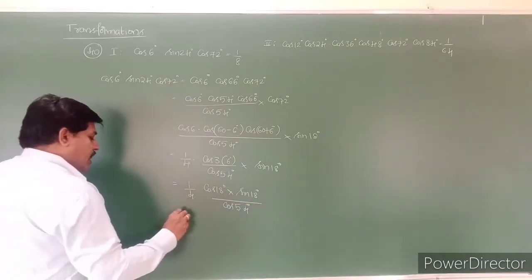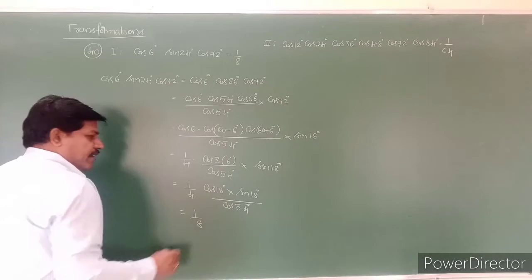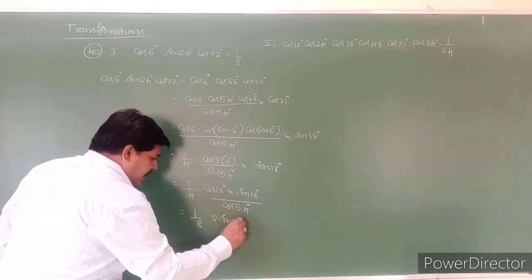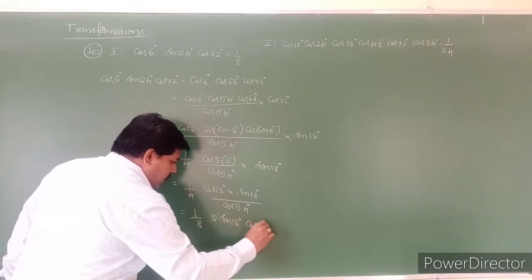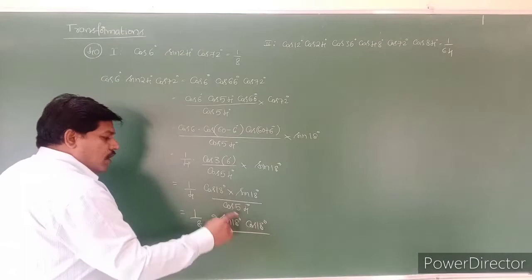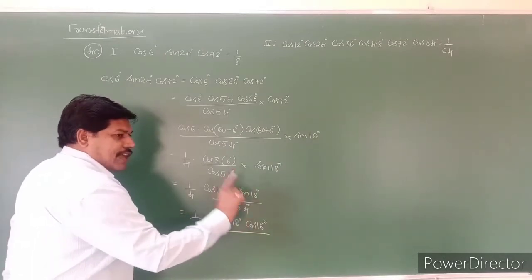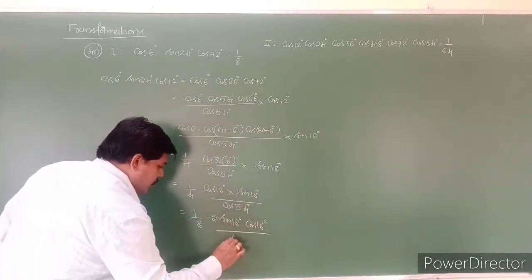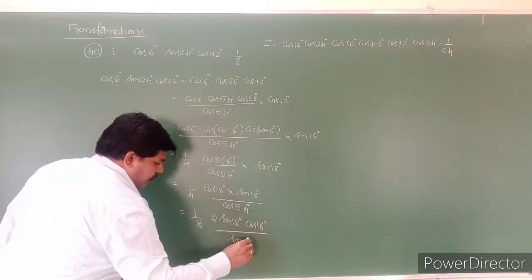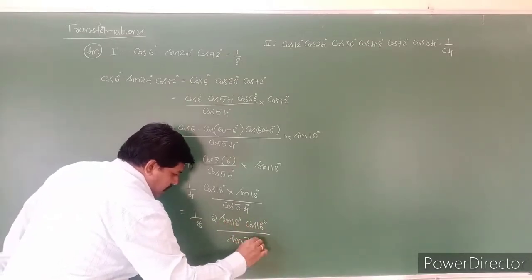In the numerator I will multiply and divide with 2, so it will become 2 sin 18 degrees into cos 18 degrees by cos 54. Cos theta can be written as sin 90 minus theta, so it will become sin of 90 minus 54, which is 36 degrees.